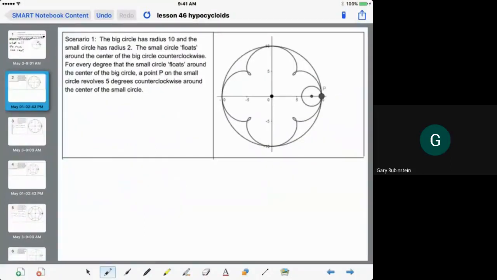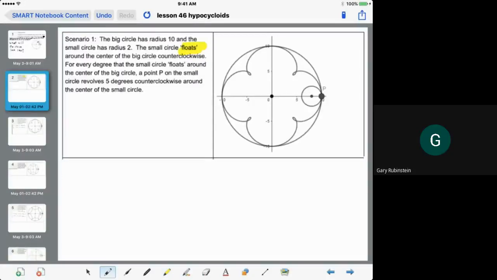Just like yesterday, I'm going to distinguish between whether a circle is rolling or floating. So my first scenario, I have a circle, and the small circle's inside the bigger circle, but it's not rolling, it's floating. That's actually going to be easier to analyze.